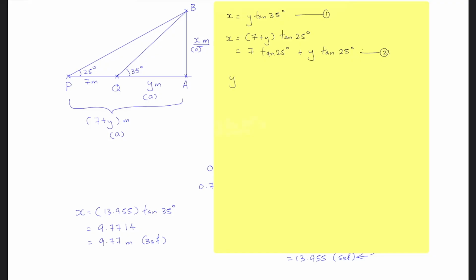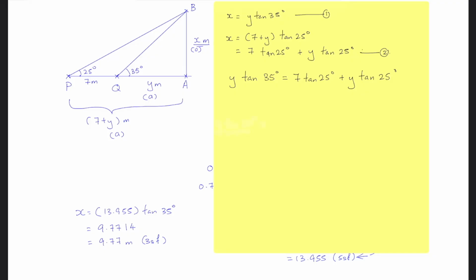So y tangent 35 degrees equals to 7 tangent 25 degrees plus y tangent 25 degrees.